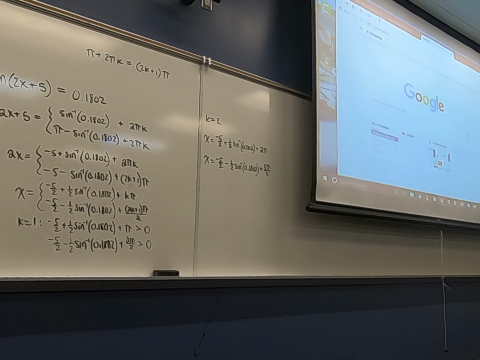So let's fix it. 0.5 arc sine of 0.1802. Wait, no, we put 3. Typo. Thank you. And then I'm going to add pi to that. Sorry, I have to say enter. Didn't like it. Did not match any documents.